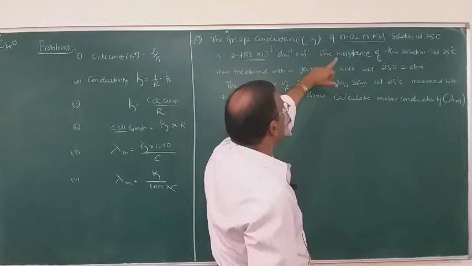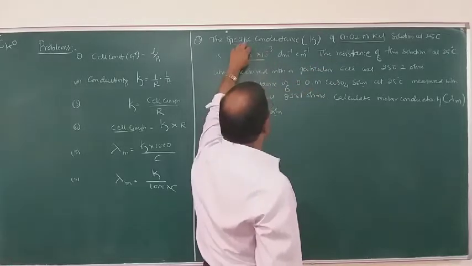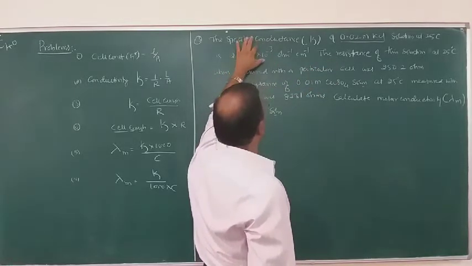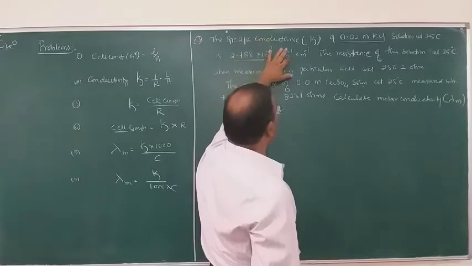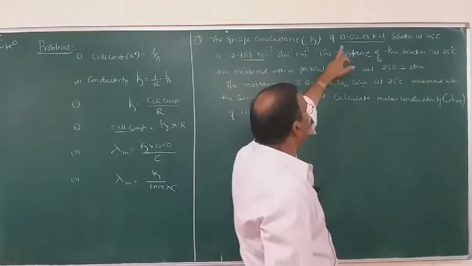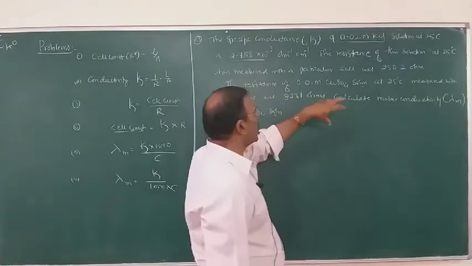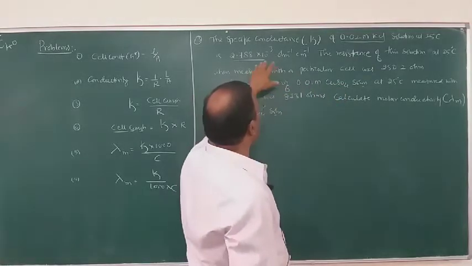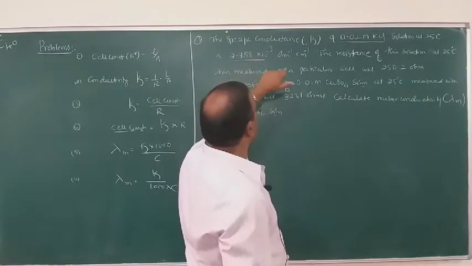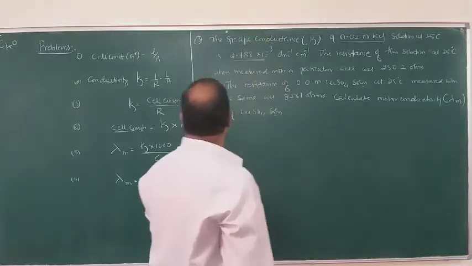So resistance is known, specific conductance is known, so you have to calculate cell constant using a solution whose specific conductance is known. Calculate cell constant.